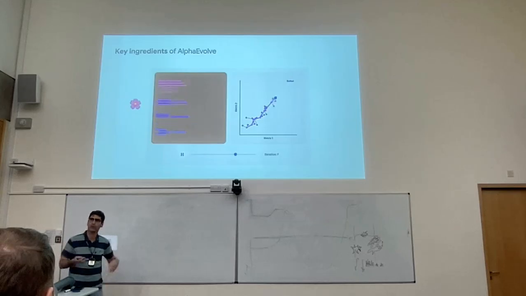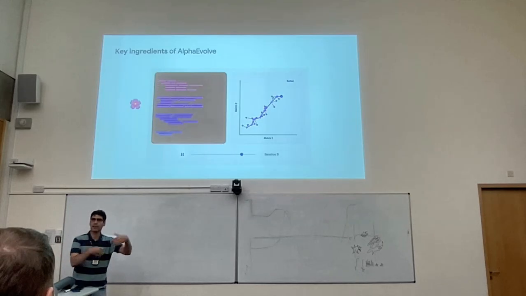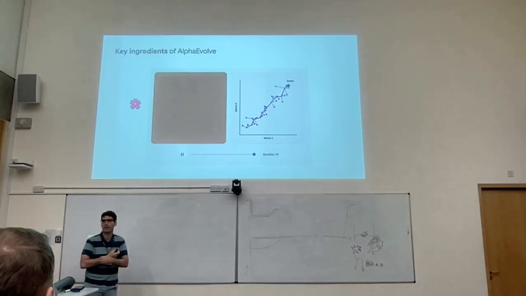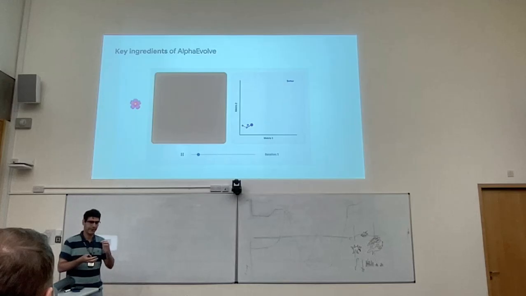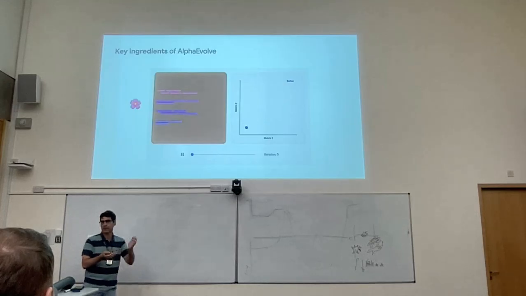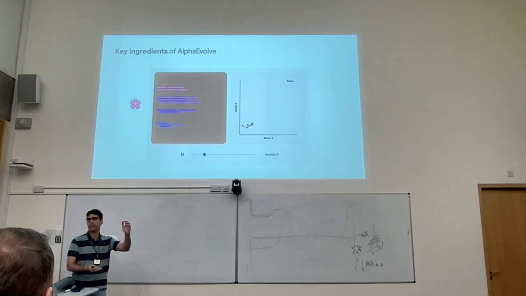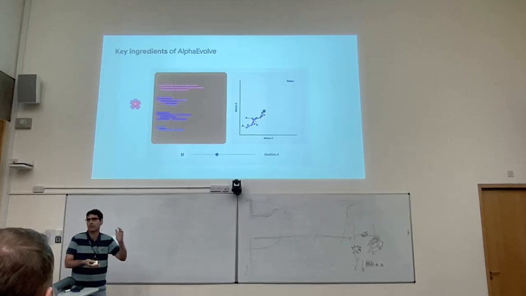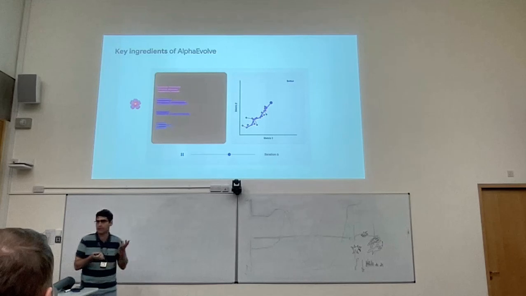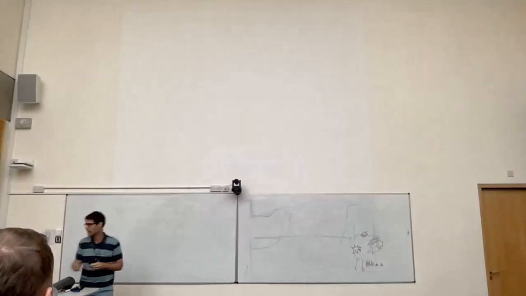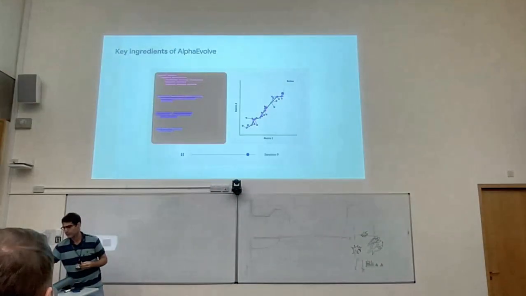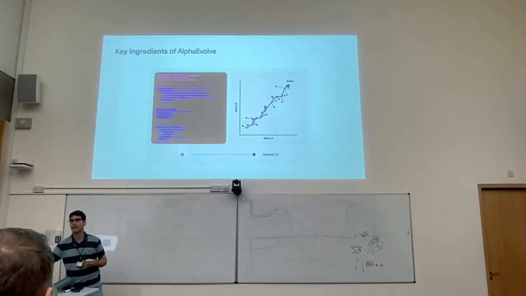So we show the code to the LLM, and then it applies some mutations, which is the diff. And we also have crossover. Sometimes we have more than one individual, so pieces of code. We show them to the LLM, and then maybe it decides to combine ideas from multiple solutions, or maybe not. Maybe just random. I don't know if that answers your question.